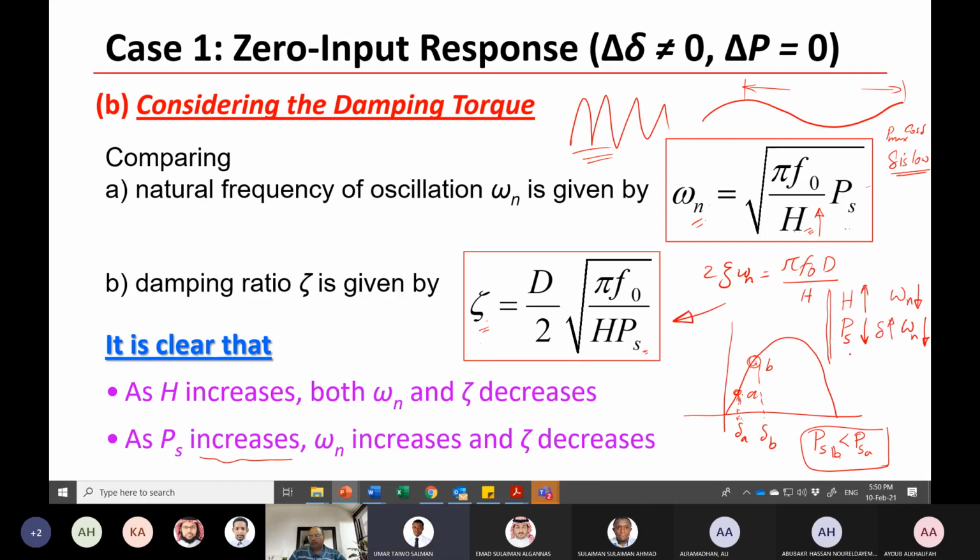So that means that loading of the machine has the same or similar impact as H.